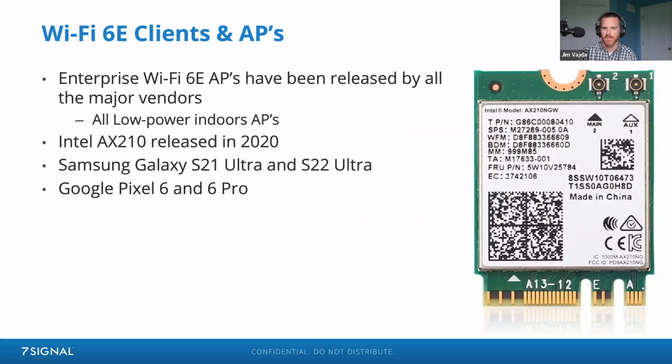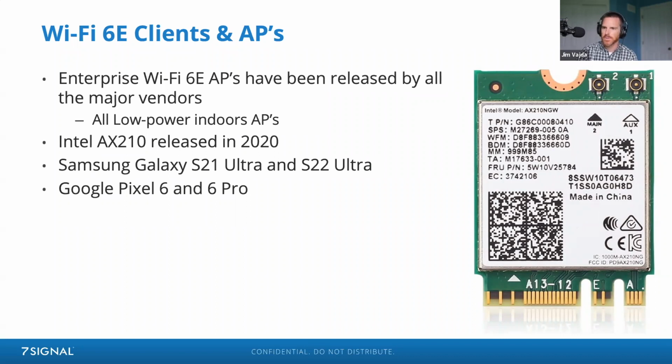Then there's some smartphones out there as well. Some of the higher end smartphones, the Samsung Galaxy S21 and S22 Ultra, and now Google's Pixel 6 and 6 Pro. They all support Wi-Fi 6E.